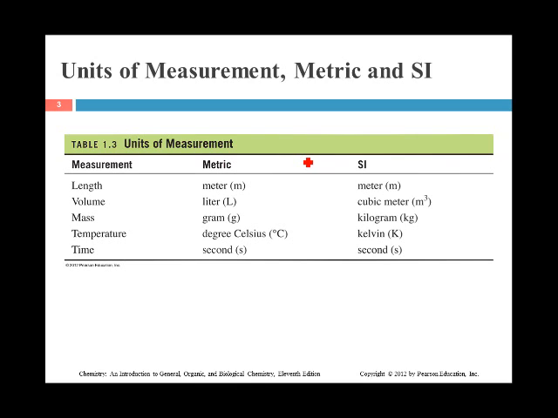For instance, if we look at length, both SI and metric are meters. However, if you look at volume, metric is liters, but SI is meter cubed. So those are the kinds of differences you'll have to be aware of, for grams versus kilograms, degrees Celsius versus kelvins.